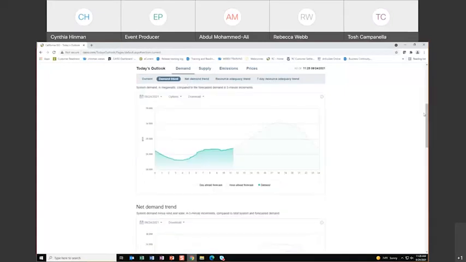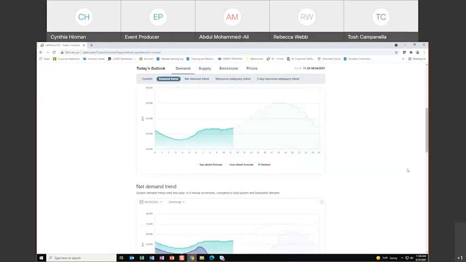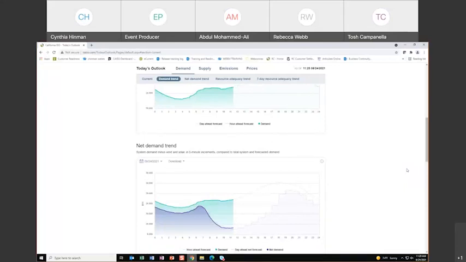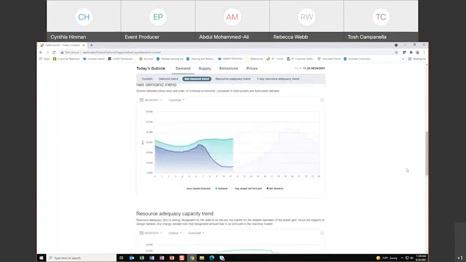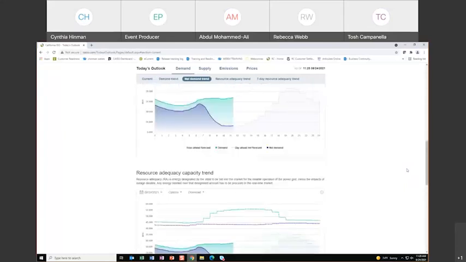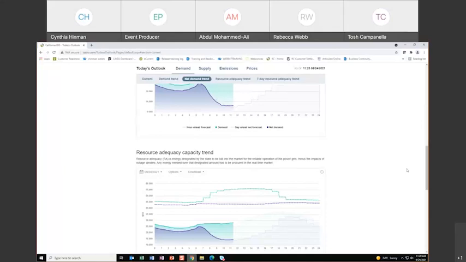Yeah. So the demand trend has only the demand, and the net demand trend has the demand and the net demand. The difference between those and the bottom two trends in the RA capacity trend is that we're adding the reserves requirement to the RA capacity trend.